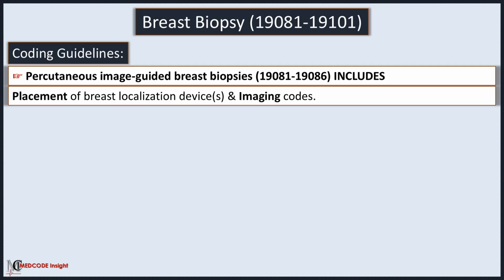Here are some coding guidelines you must know while practicing questions related to breast biopsy. Code range 19081 to 19086 include the placement of breast localization devices when performed, along with imaging guidance, and may not be reported separately for the same lesion.